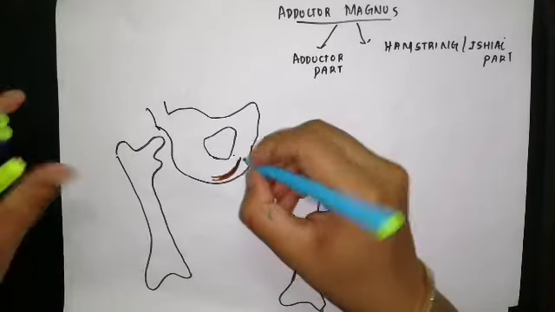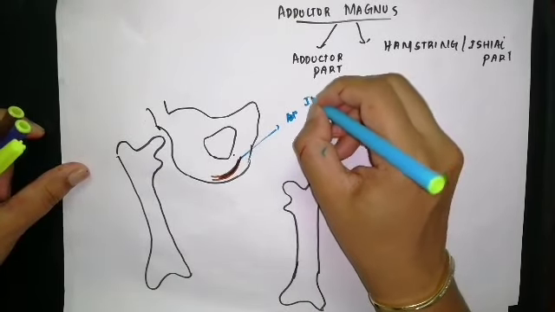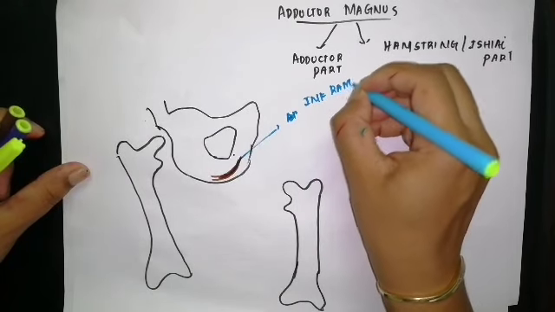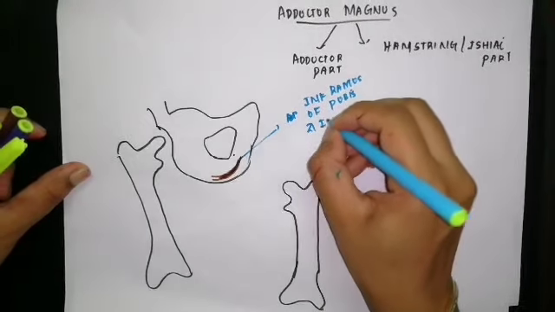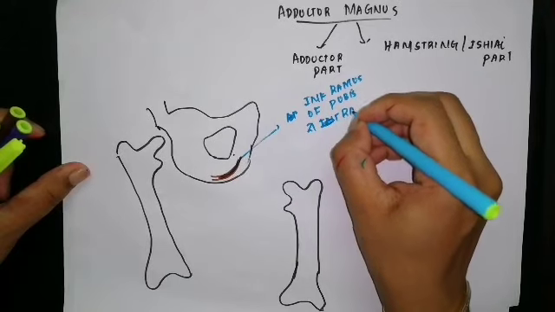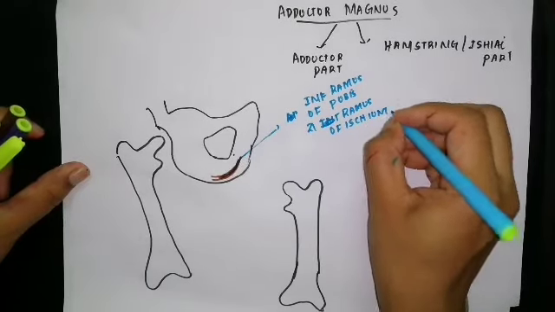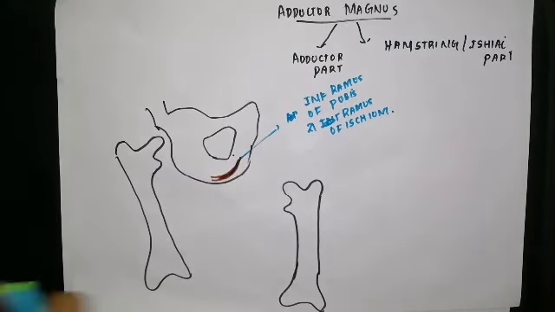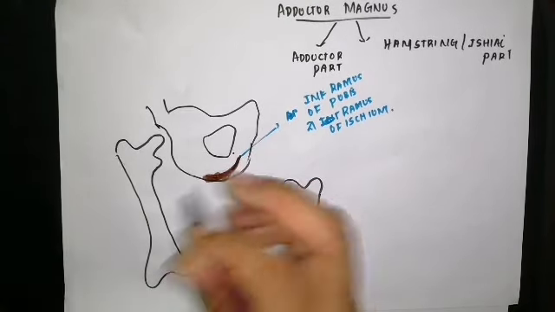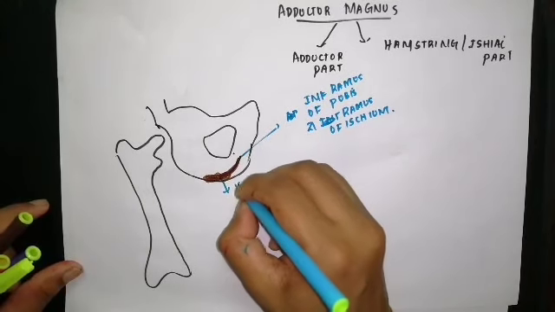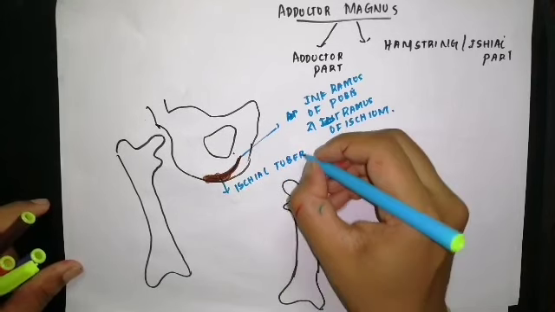So this is the origin of the adductor part. And it has a hamstring part. Now the hamstring part of this muscle originates from the ischial tuberosity. That is the hamstring part or ischial part.